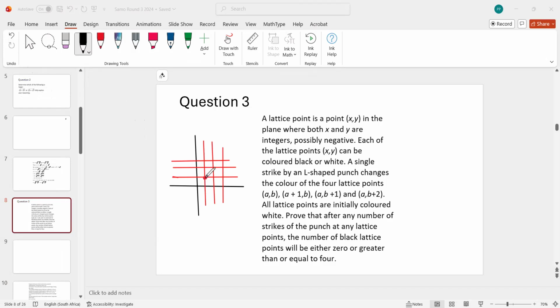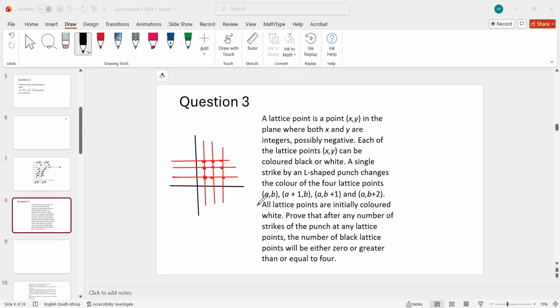So these are the lattice points. Those points have both coordinates, x and y, as integers, and they could be positive or negative. So the whole plane can be regarded as a grid.